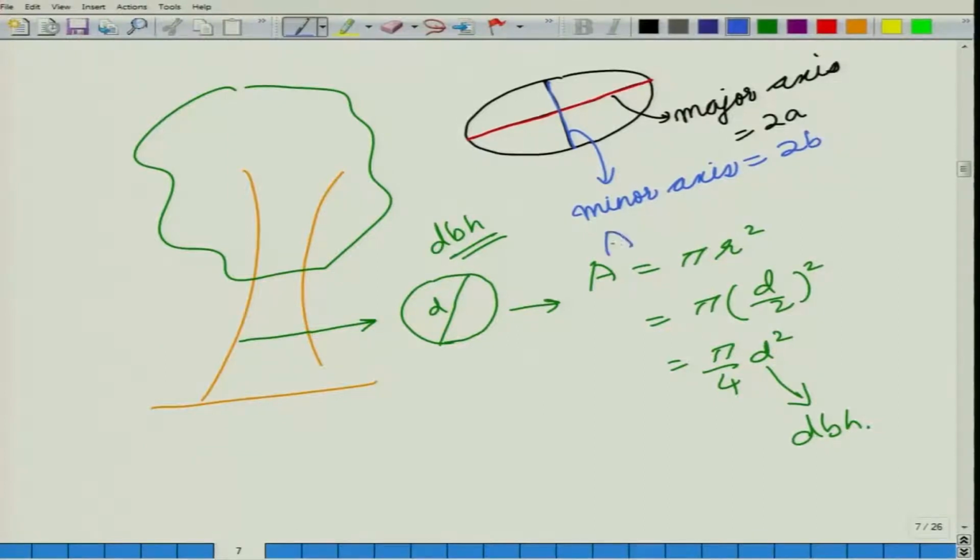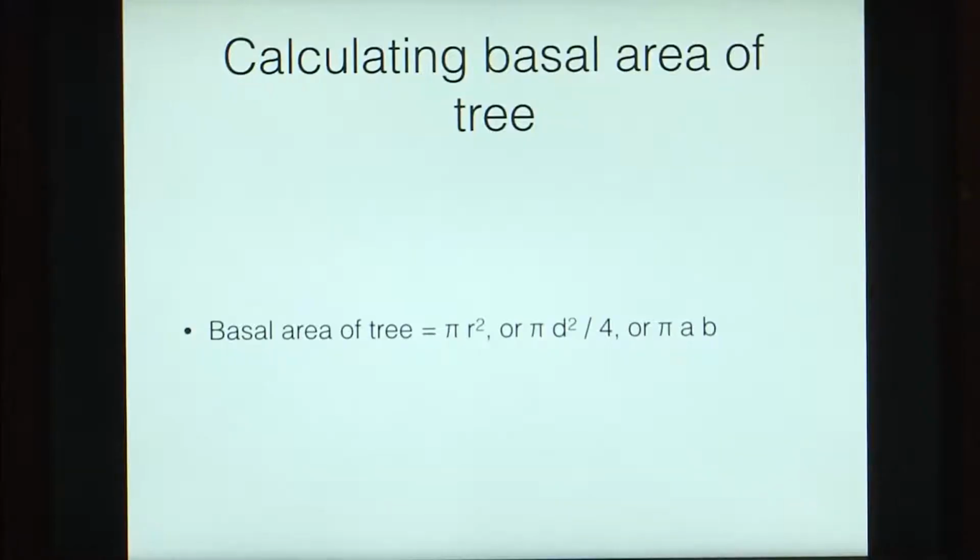In this case the basal area will be equal to pi times a times b. So, coming back to the slides, the basal area of the tree is given by pi r square for a circular cross section, which can also be written as pi d square by 4, or as pi ab if we consider it to be an elliptical cross section.